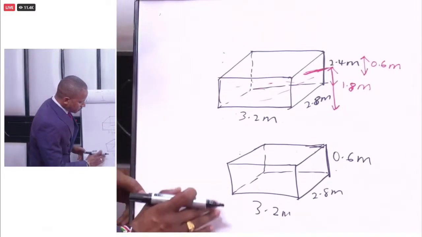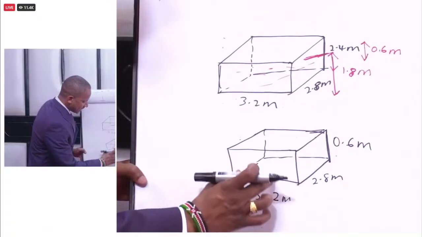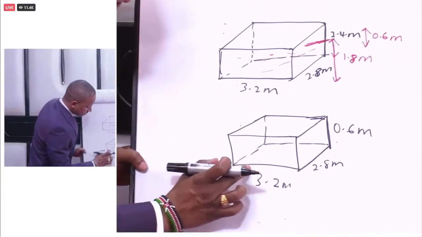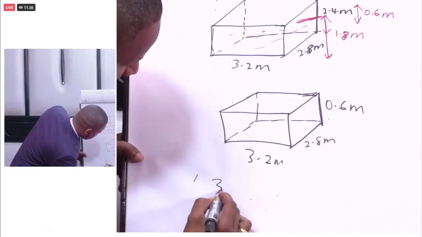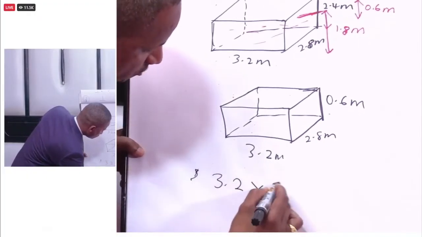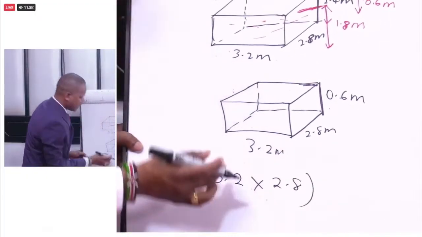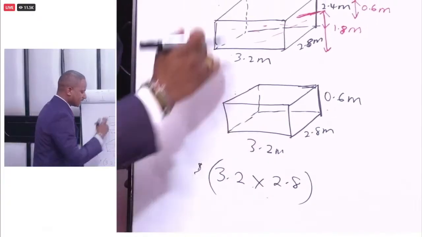So it's simple. You get the area that is not in contact with the water, which is 3.2 by 2.8, but it is times 2. It is this side and the other side.